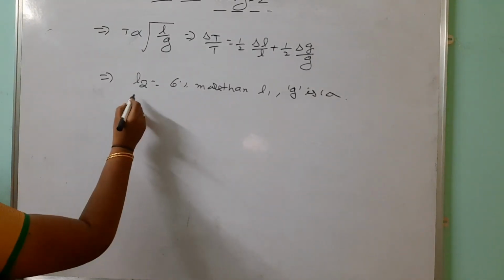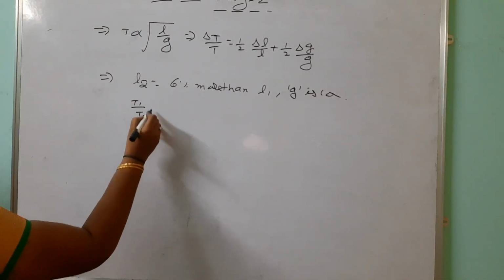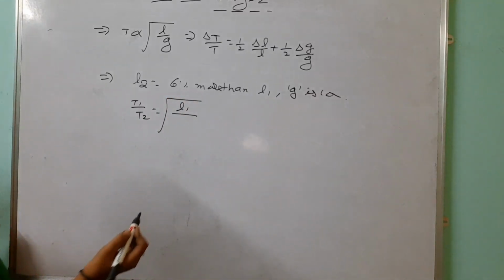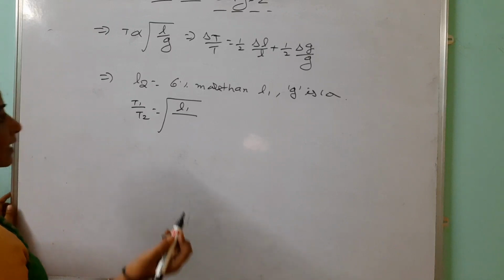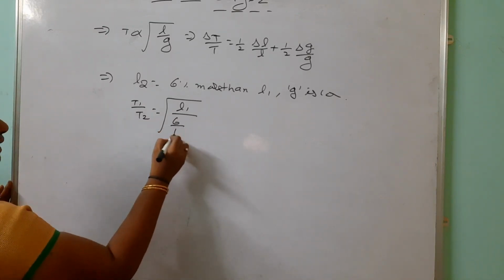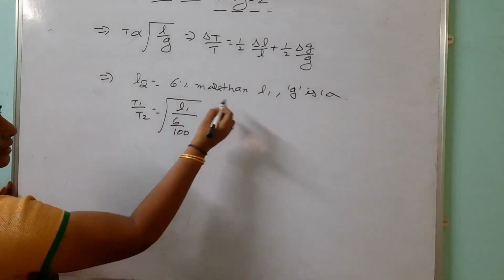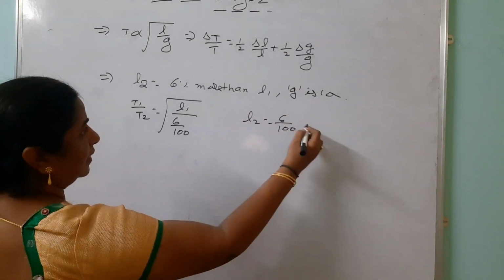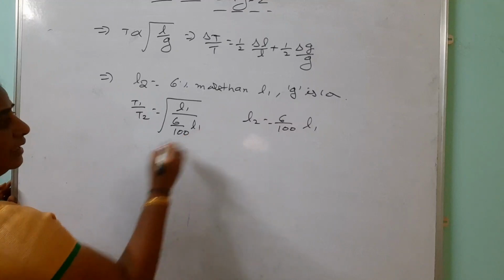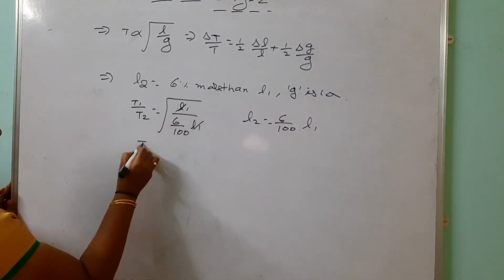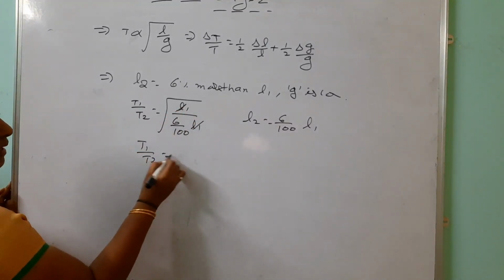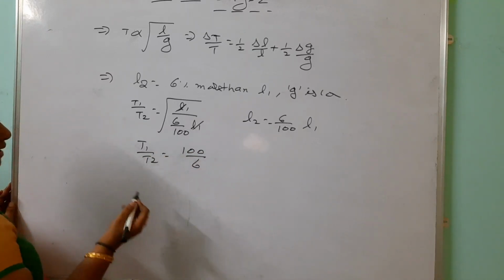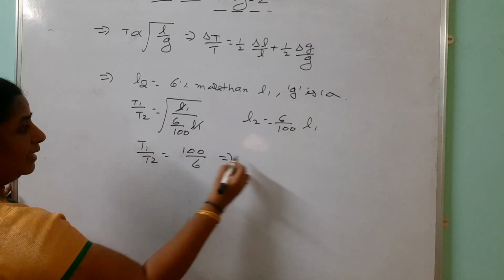We should write T1 by T2 equals under root L1 by L2. L2 is how much? 6% more than L1 means 6 by 100 times of that. L2 equals 6 by 100 times L1. So L1, L1 cancel. T1 by T2 equals how much? 100 by 6.